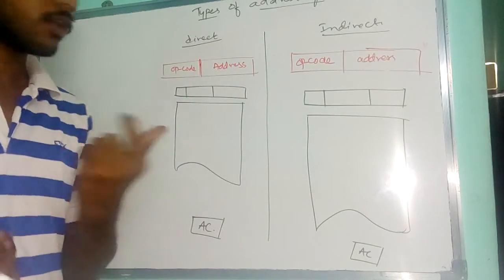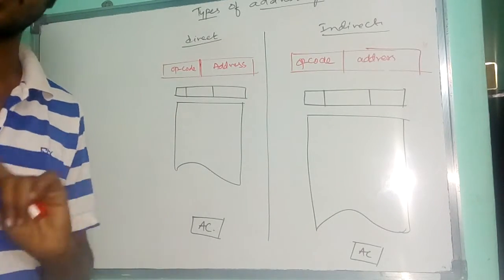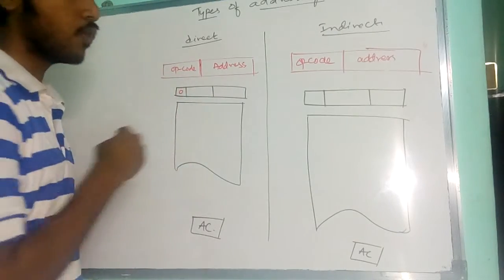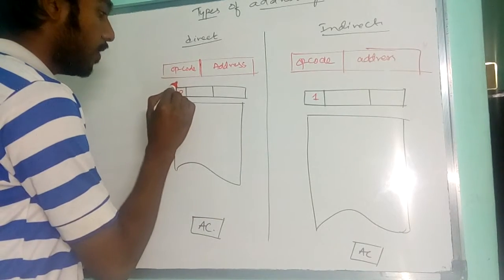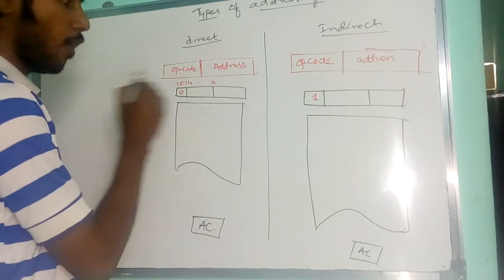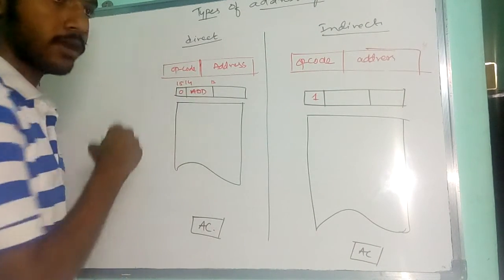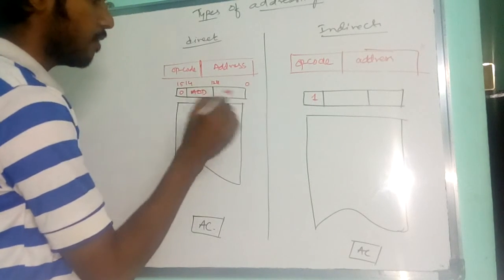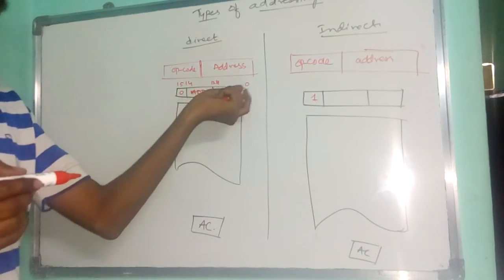This gives an idea of whether the given address is a direct address or an indirect address. For direct addressing, this first bit will be 0. For indirect addressing, this bit will be 1. So 1 bit for bit 15, and bits 14 to 12 for my opcode. Generally I give an opcode such as add, and bits 11 to 0 will be my address. So the 12-bit address, in hexadecimal form, is 457.